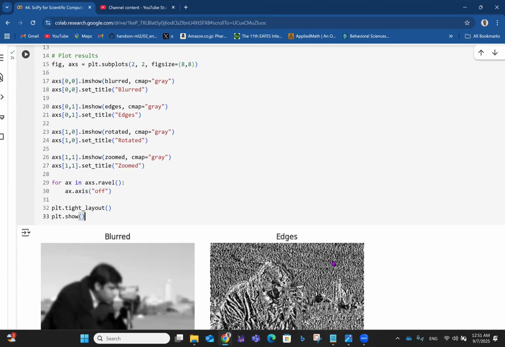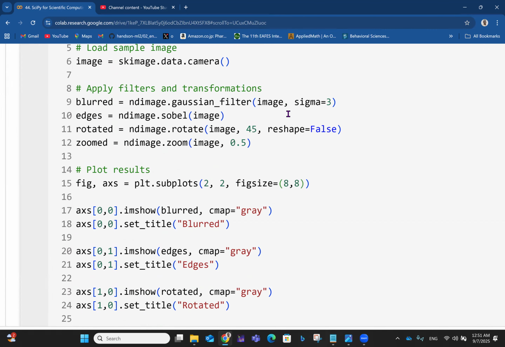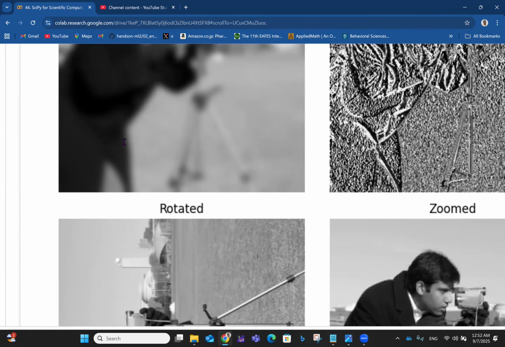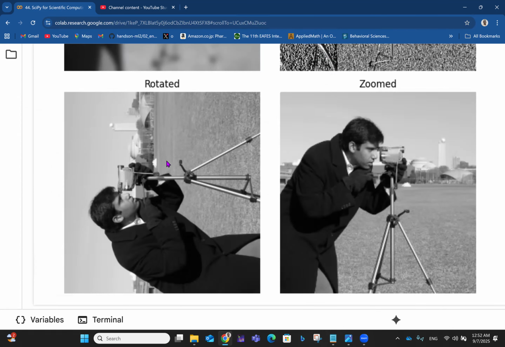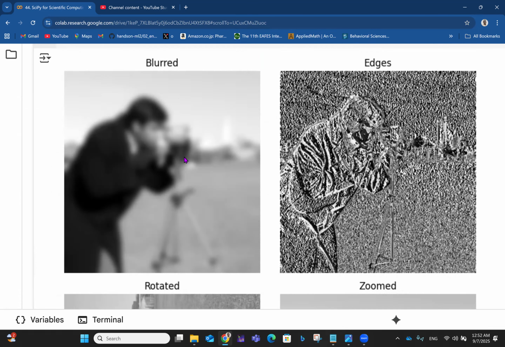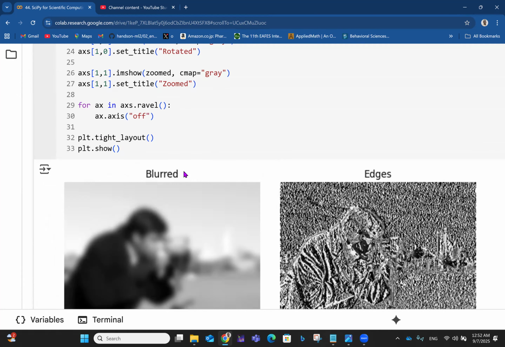So let's see what we can tweak from what we saw the other time. For the blurred image, can we set sigma to like 7? Let's see what that does. And let's rotate the picture by 90 degrees. Now you can see the image has been rotated by 90 degrees, and the blurred one is not as clear as it was.